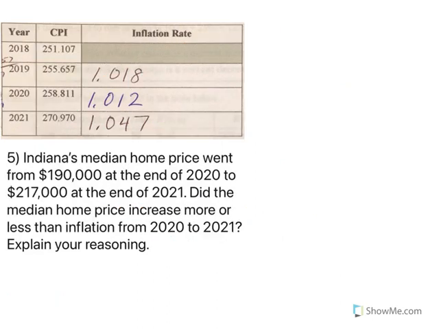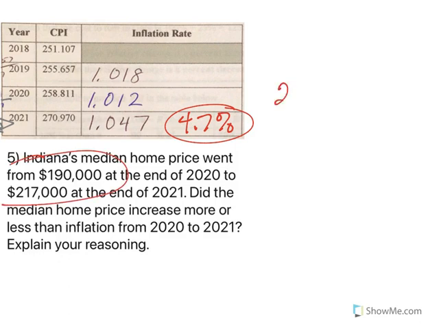Number 5, Indiana's median home price went from $190,000 at the end of 2020 to $217,000 at the end of 2021. Did the median home price increase more or less than inflation from 2020 to 2021? Okay, so we know from 2020 to 2021, the increase was 4.7%. We talked about that. So how does the home prices relate?